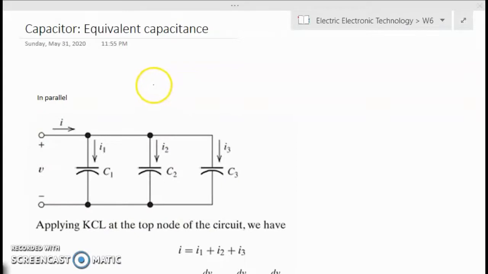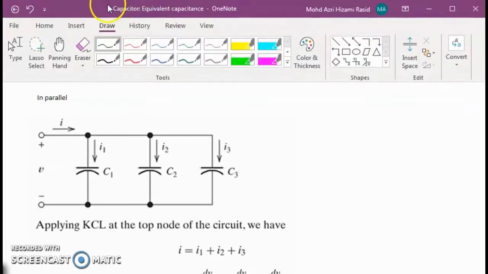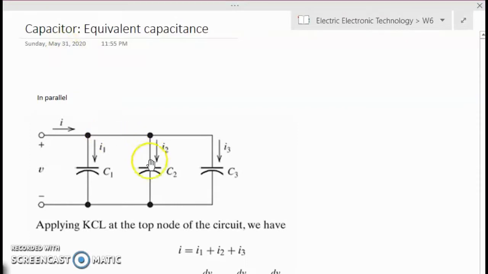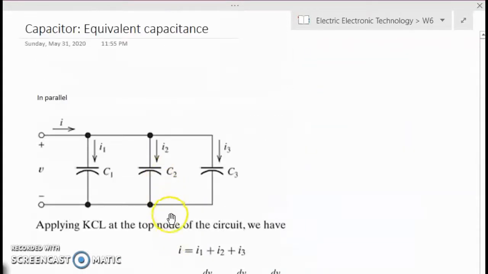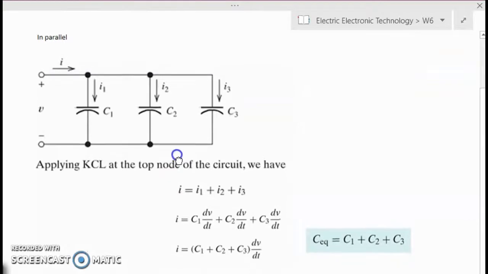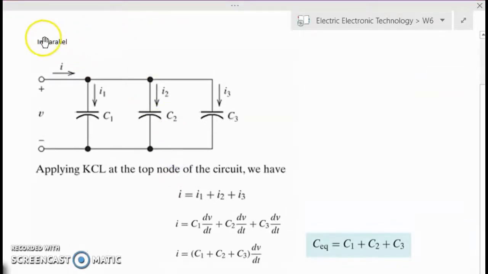Just like in resistance, we will have two types of configuration or arrangement of capacitors. You can have them either in parallel or in series, and we will look at how we reduce them into a single equivalent capacitor or capacitance, right? So in parallel, imagine a circuit with 3 capacitors in parallel, C1, C2 and C3.